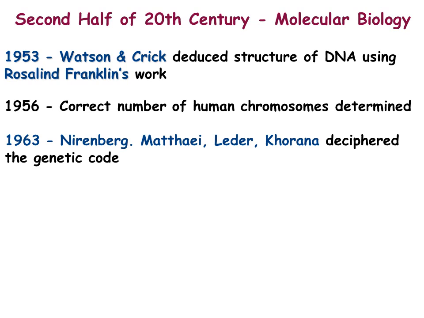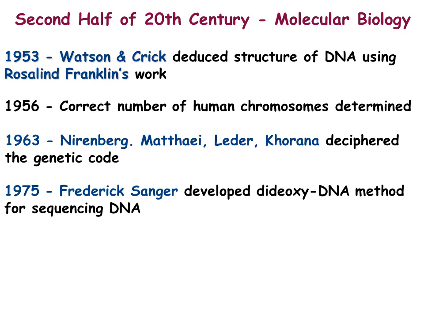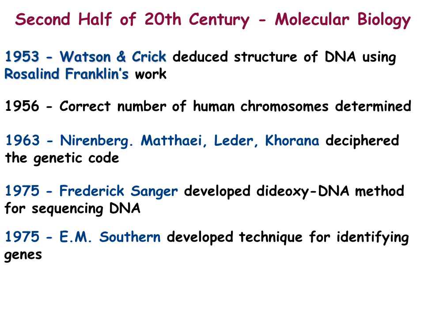In 1963, Nirenberg, Matthaei, Leder, and Khorana deciphered the genetic code. 1975, Frederick Sanger developed the dideoxy method for sequencing DNA. Now, again, don't worry, I'm not going to ask you who did what on this, but notice how the times in between are getting shorter and shorter for significant developments.